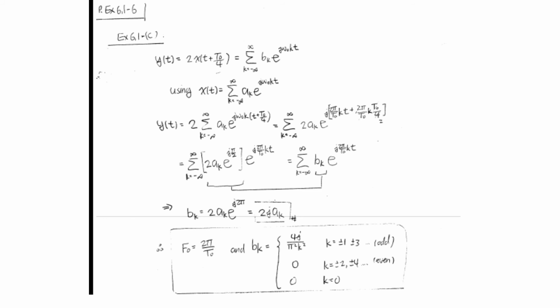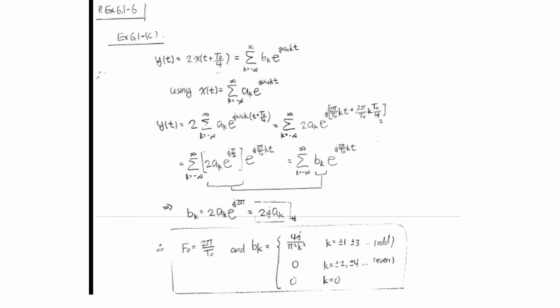So for part C, you want to try to find an easy way to find out what the Fourier analysis of y of t is. So we're going to say y of t, we're going to call its coefficients b_k. And what we'll do is we'll just take this x of t expression, the generic x of t expression that we have for the Fourier series, and we're going to perform these operations onto this summation and see what happens.